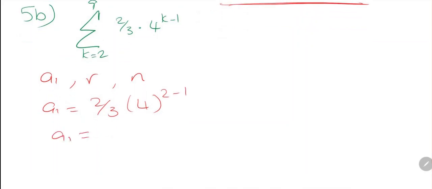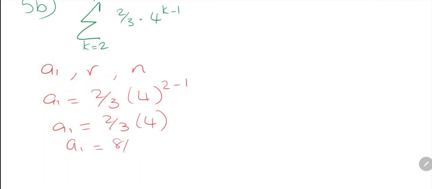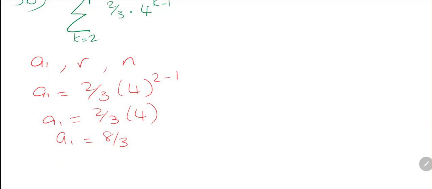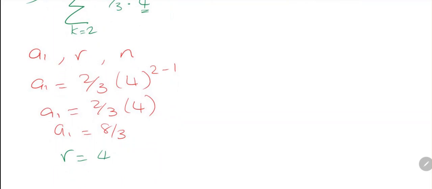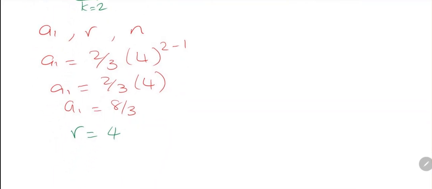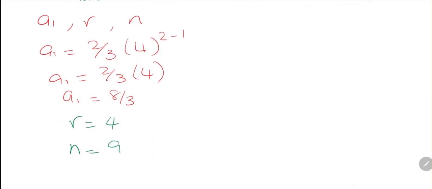So a1 will be 2/3 multiplied by 4 to the 1, so that's just 4, and this will be 8/3. The ratio is the base value, and here we have 4, so the ratio is 4. To find the number of terms, we do the difference. So 9 minus 2 plus 1. So n is 8.